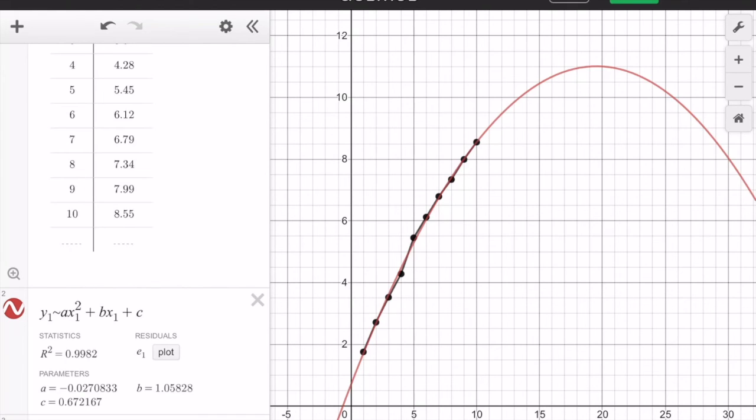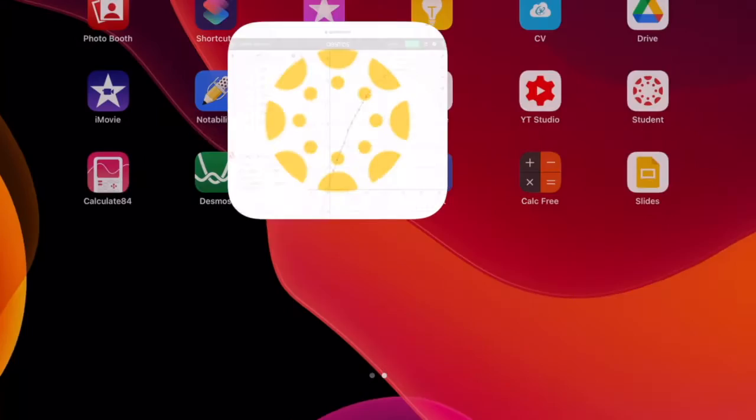If the r squared is close to 0, then we can't really find a good model, or the model that's given doesn't fit the data. But we have the parameters here, and you can see it in small type, but a is negative 0.0270833. You can see b and c, and those are the coefficients for the equation.